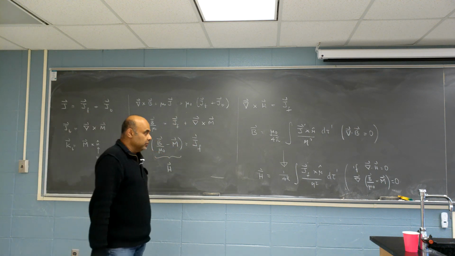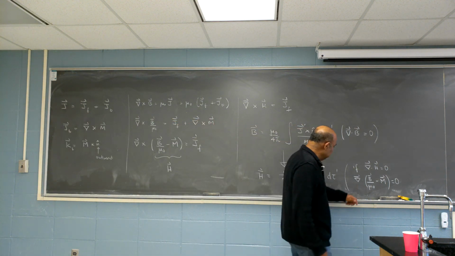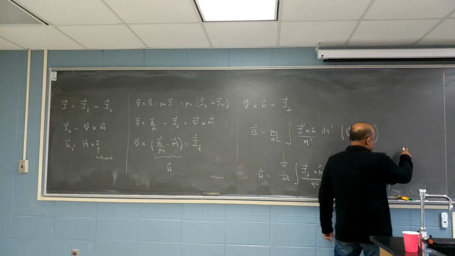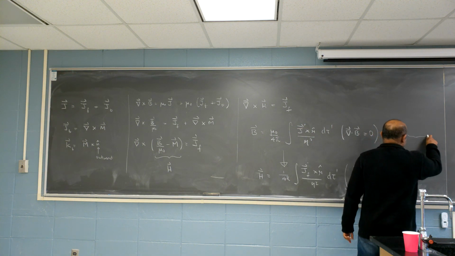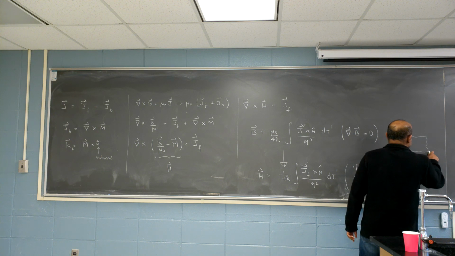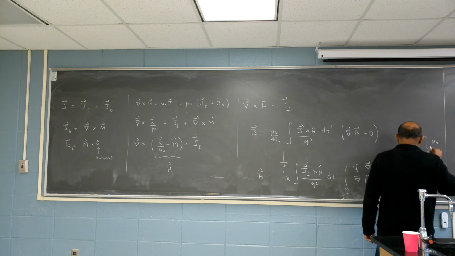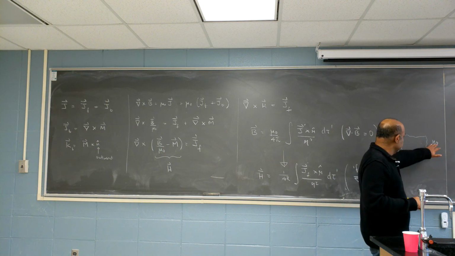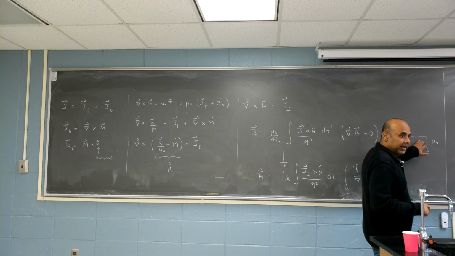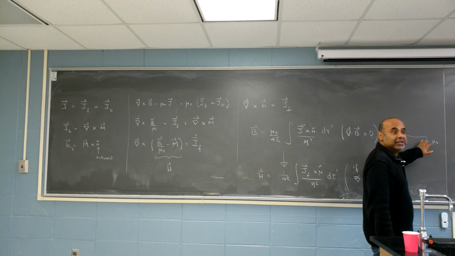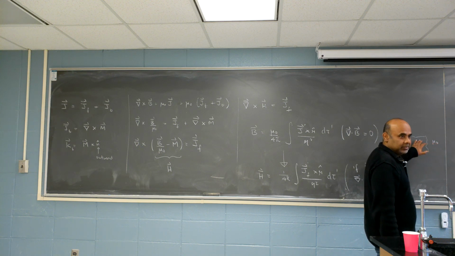There are two objections to this. Suppose you have a material, and this is not the biggest objection. Here you might have a mu 0, and here you might have something else. It may not be free space, and we'll talk about that as well.